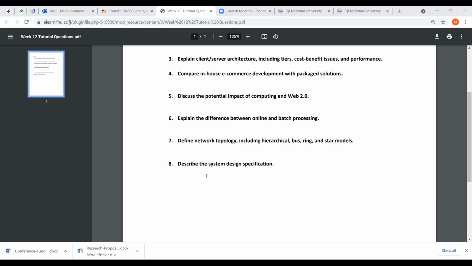Next point, determine IT resources, for example, skills, training, hardware, software, and experience. Full stop.